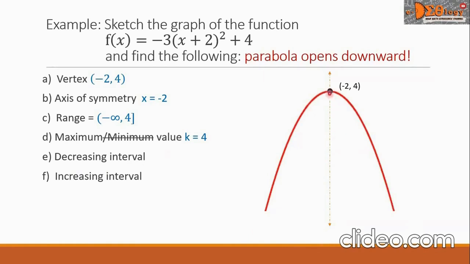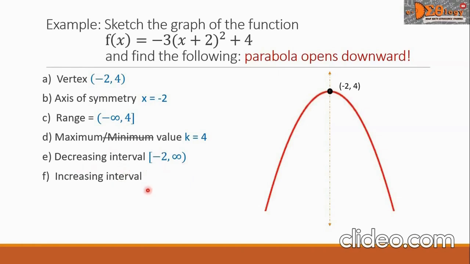So this side here is the decreasing interval, and our formula is the square bracket h, comma, positive infinity, parenthesis. And this h we will now change by the x coordinate of the vertex. So the decreasing interval h becomes -2. So this is now our interval notation for the decreasing interval.